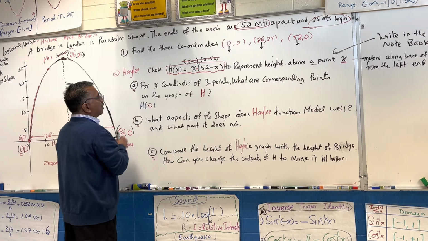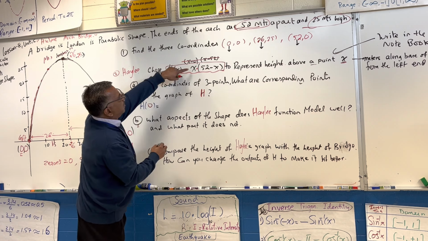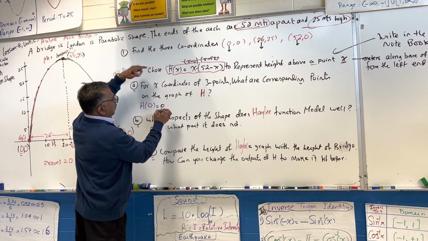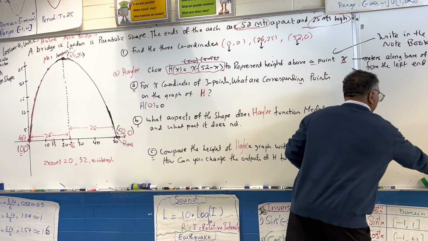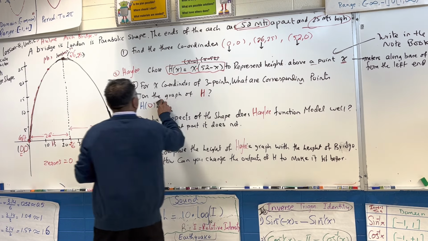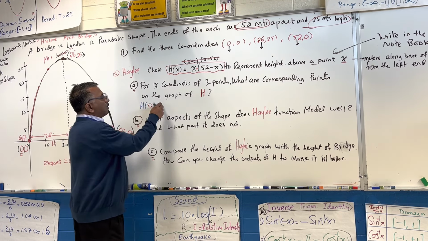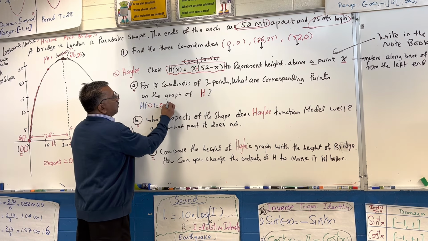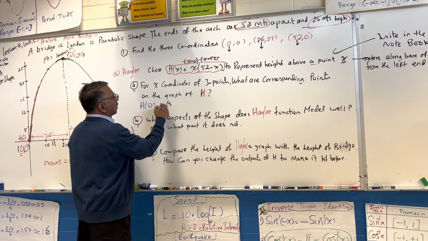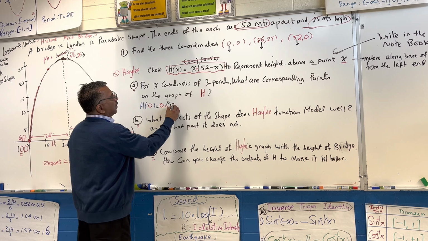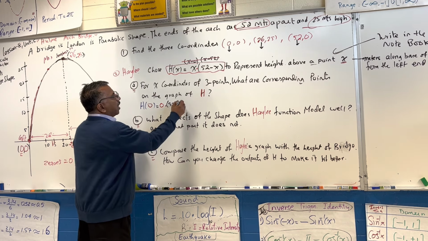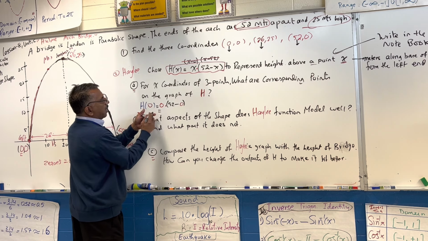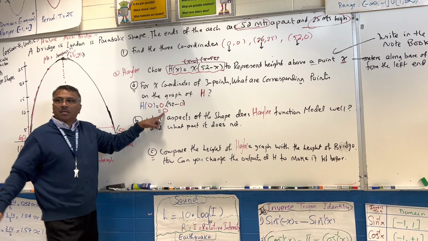So you put a 0 equals 0 times 52 minus 0. And anything multiplied by 0, remember, is 0, correct?